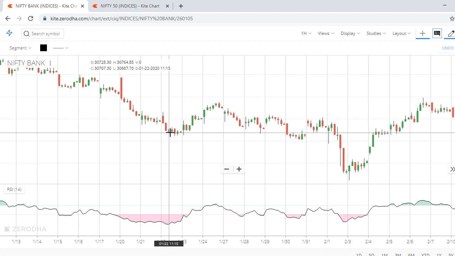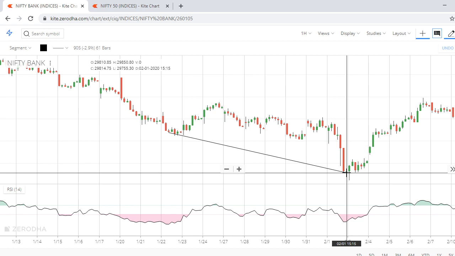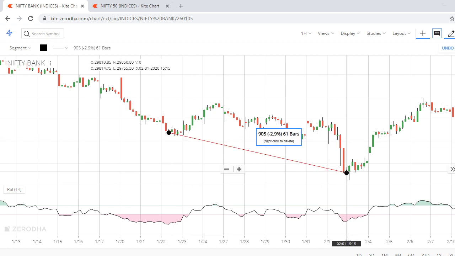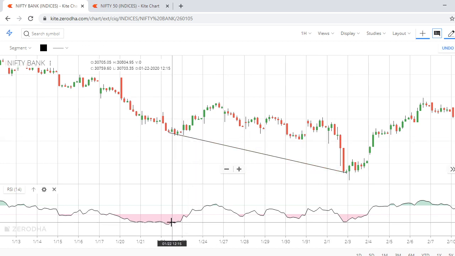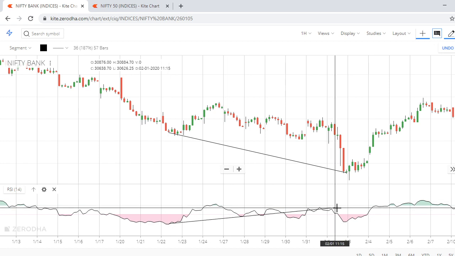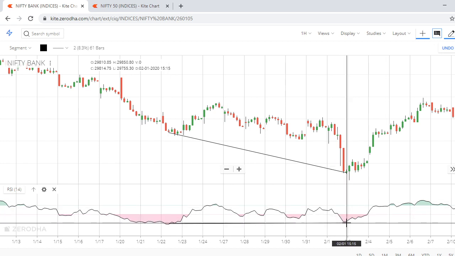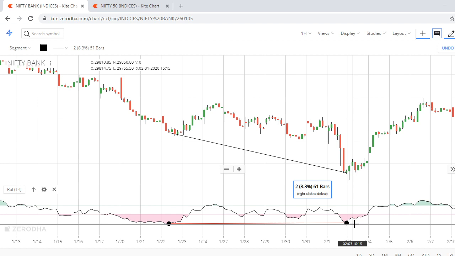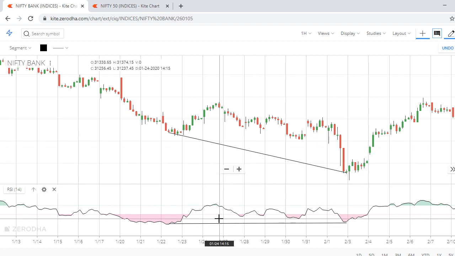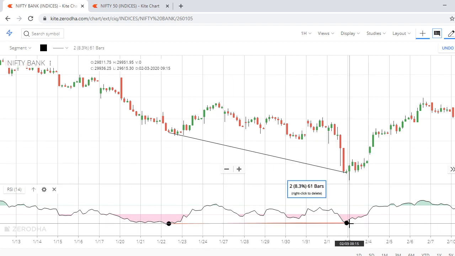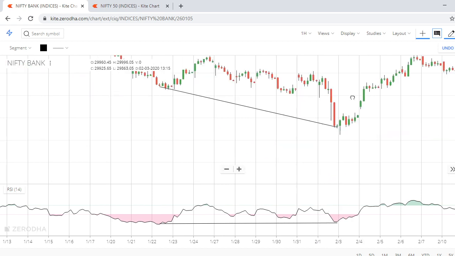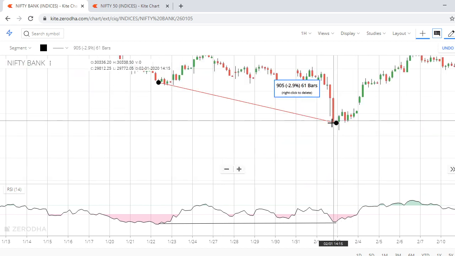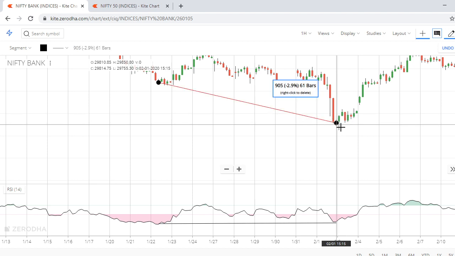Now if you look at this price, it made a lower low, but if you look at the RSI, it's almost making a double bottom. Okay, price is coming down but RSI is maintaining the same level, and in the price action there you can see a reversal, hammer and these kind of things. So it's better to take an entry.